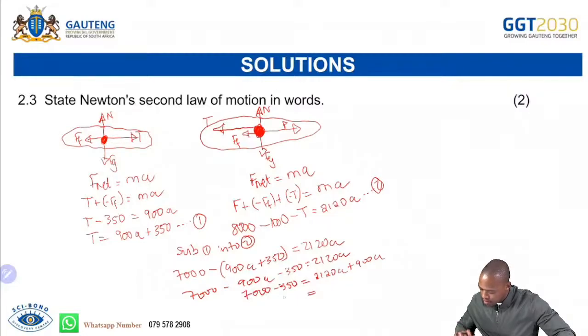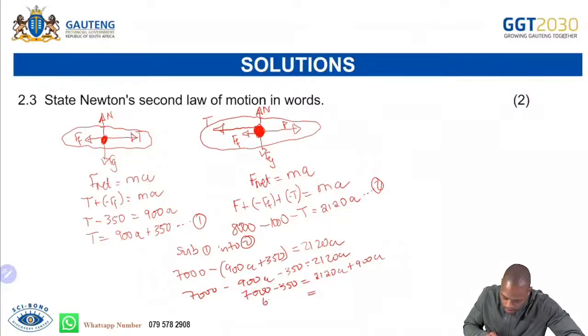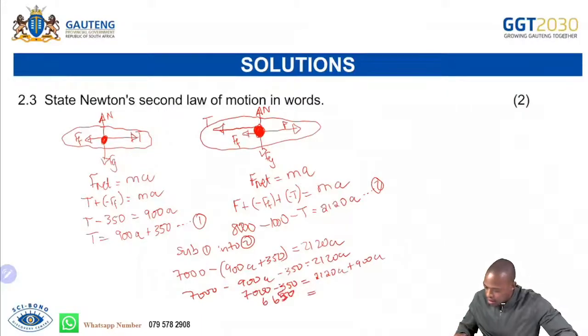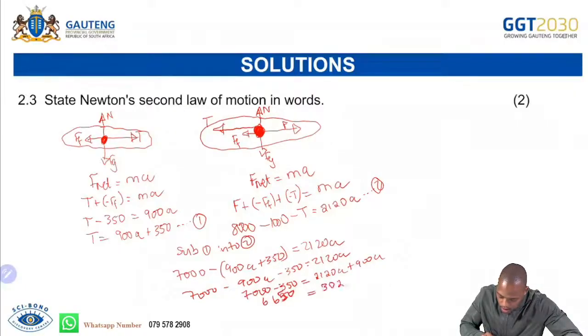Right, from there, I press my calculator. 7,000 minus 350, that gives me 6,650. And then 2120 plus 900, that gives me 3020A. Then I divide by 3020 on both sides.